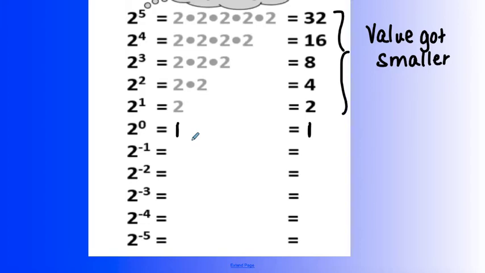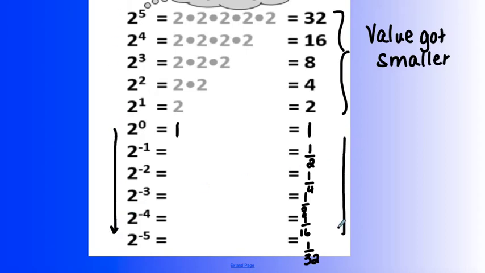So if you think of the idea of what we were doing to each number, you guys recognized that this would become 1 divided by 2, and 1 divided by 4, and 1 divided by 8, and 1 divided by 16, and 1 divided by 32. And you recognized that as the factors became more negative, the numbers actually got smaller.